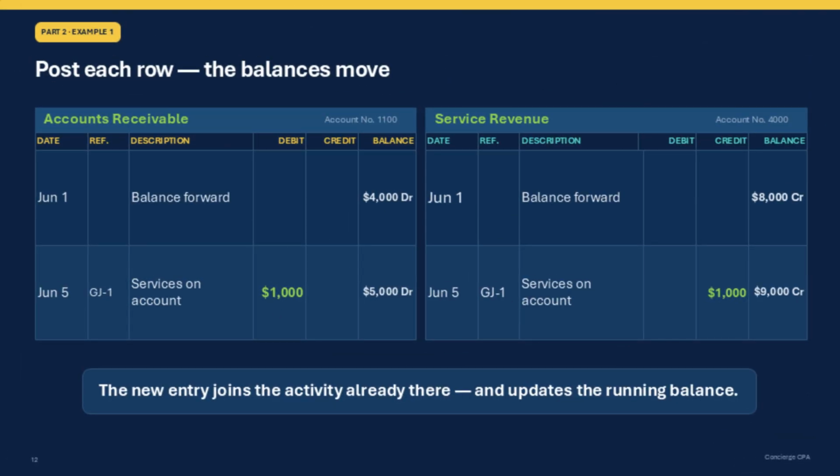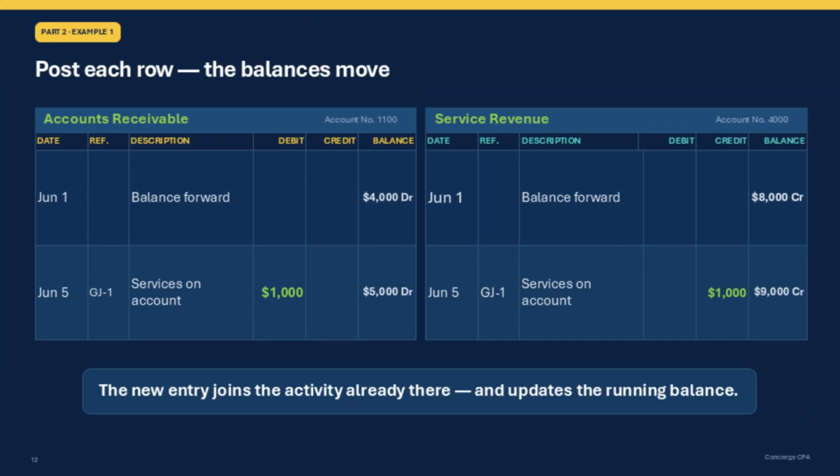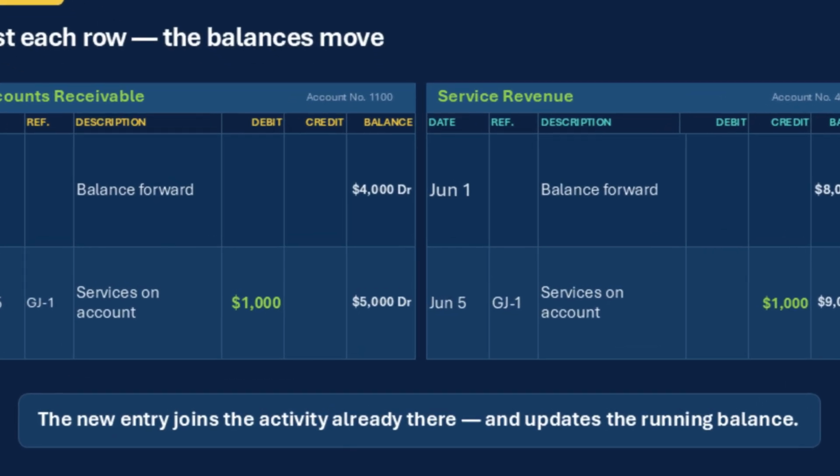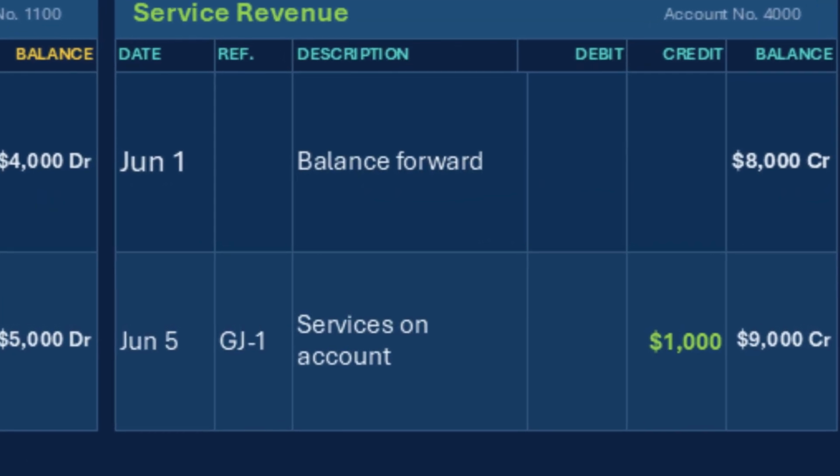But those chapters were probably not empty before this transaction. Assume the accounts receivable chapter already had a debit balance of $4,000 from earlier sales on account. When we post the new $1,000 debit, the accounts receivable balance increases to $5,000. Now assume the service revenue chapter already had a credit balance of $8,000 from earlier sales.